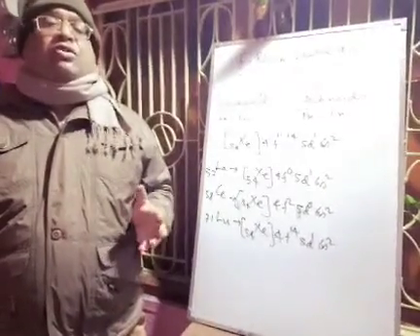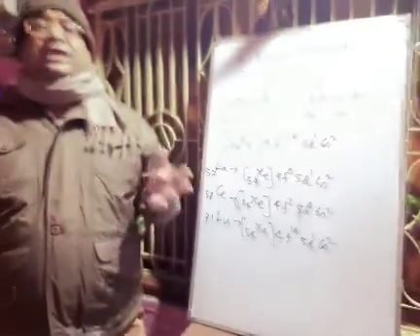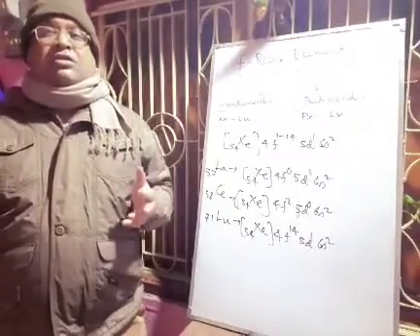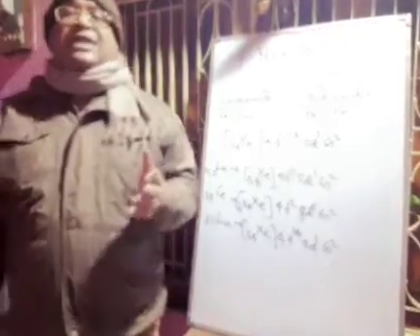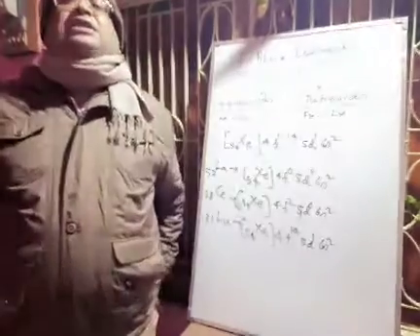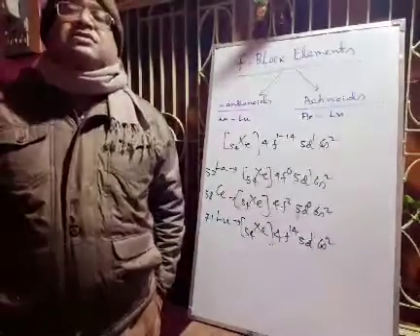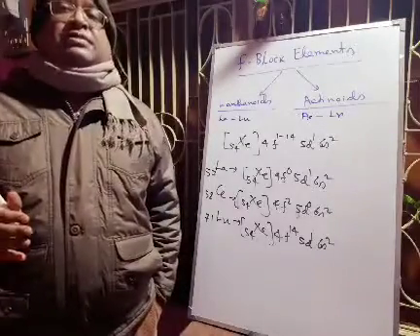Next, we will go for the radius, or radii, of these inner transition elements. They are actually forming tripositive ions, and the size of these tripositive ions decreases as we go from lanthanum to lutetium.